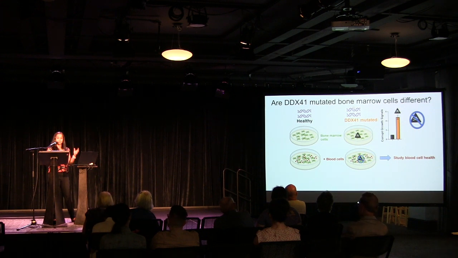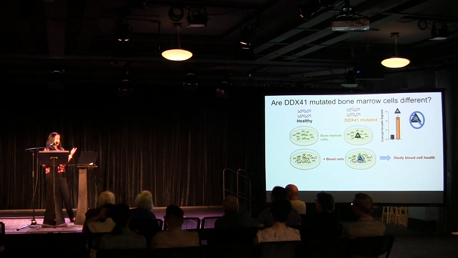Now I can grow the blood cells and bone marrow cells together in the lab to mimic the bone marrow environment. And then I can add these drugs to these cells and really ask the question, how is the blood cell developing now once we add these drugs? If blocking these signals will improve the blood cell health.